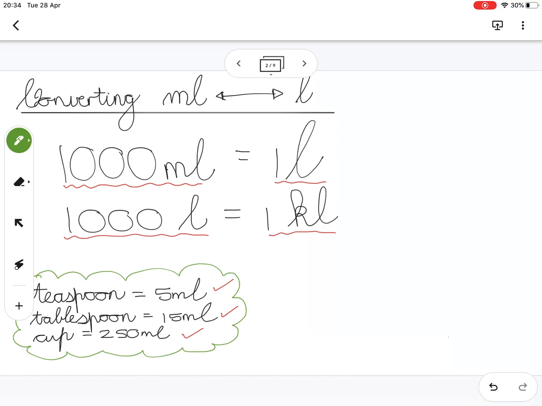Right. I always say that if you are going to convert from a small unit to a larger unit, your number will get smaller. For example, if you're going from milliliters and you're going to turn it into liters, your number gets smaller.